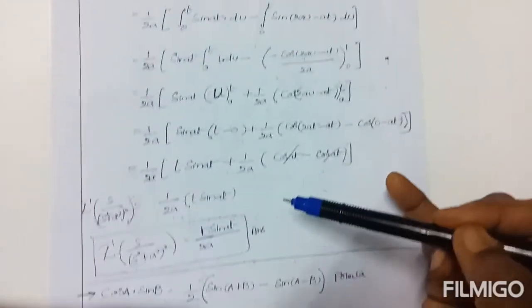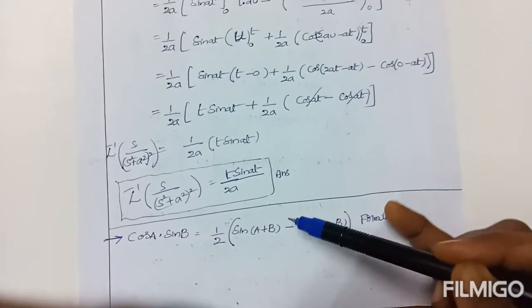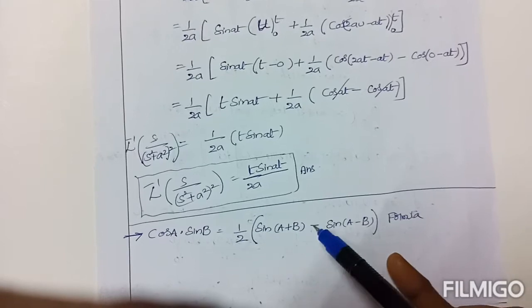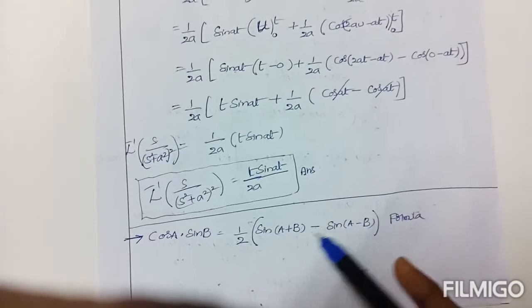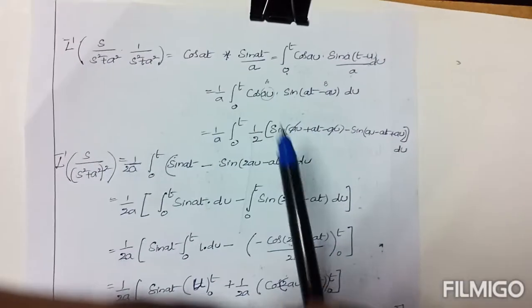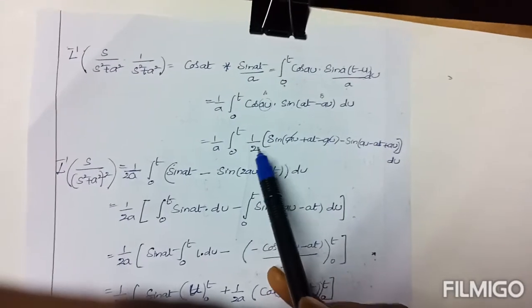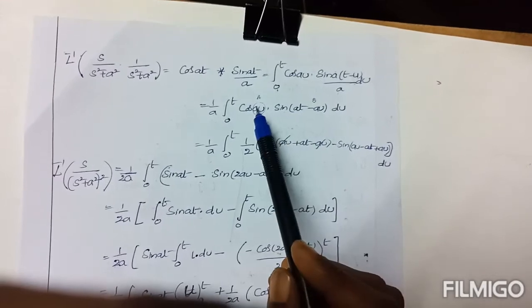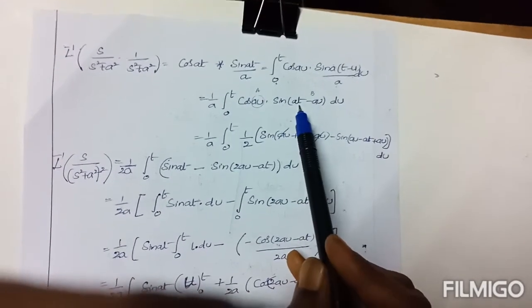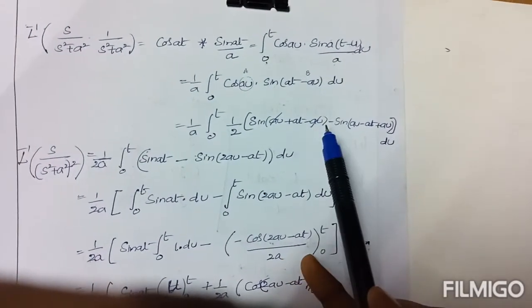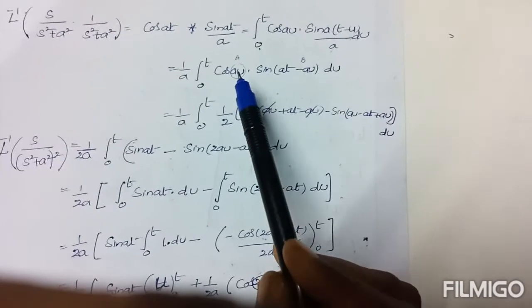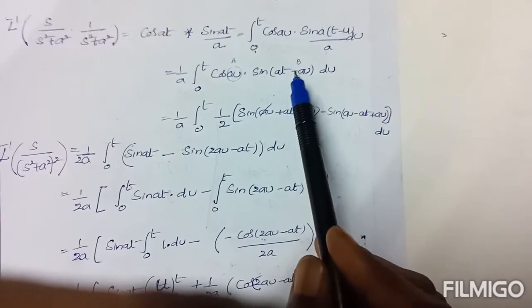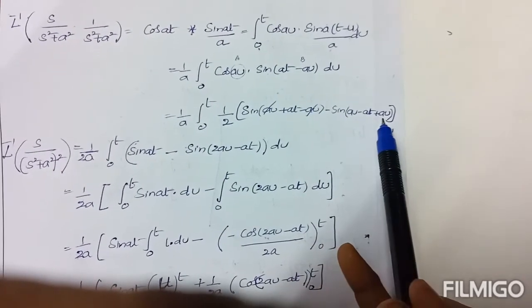at the bottom of the page. Cos a sin b equals 1 by 2 into sin of (a plus b) minus sin of (a minus b). As per this formula, here I have written 1 by 2 sin of a plus b, a is au, b is at minus au, minus sin of a minus b, au minus (at minus au), this is at before minus plus au.